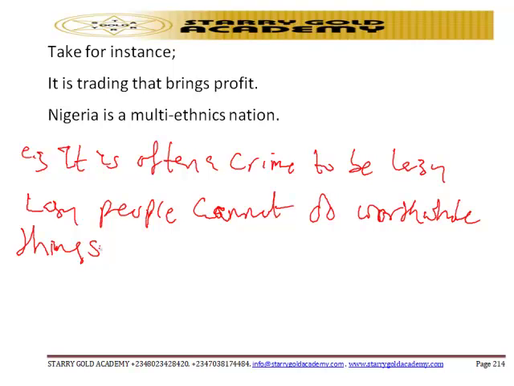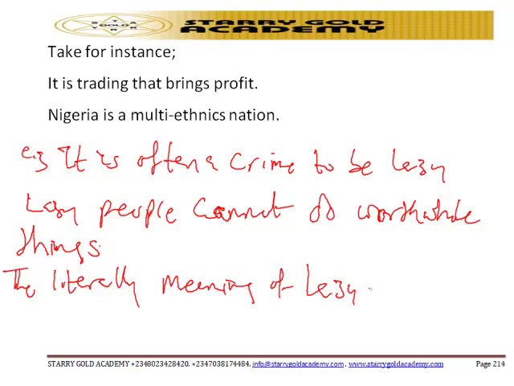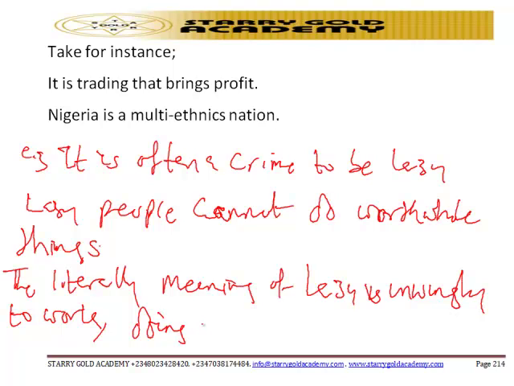Where we are going is the literal meaning of laziness. Check it now. The literal meaning of lazy is unwilling to work, or doing little work.